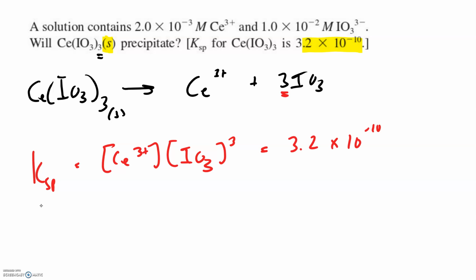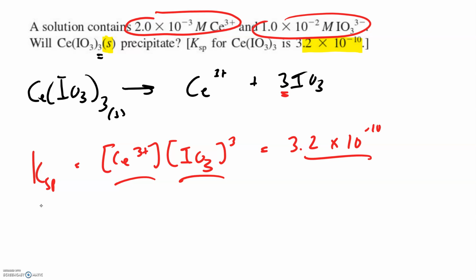In other words, when this is in equilibrium, the concentration of cerium and iodate in solution give us this ratio of product to reactant. Well, we have this much cerium and we have this much iodate. Will we get a precipitation?